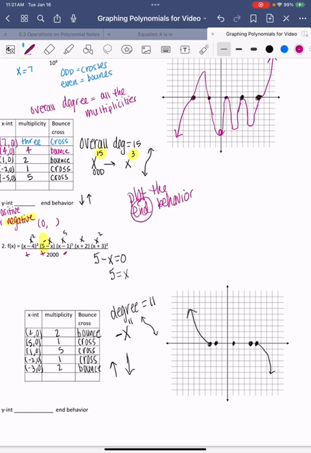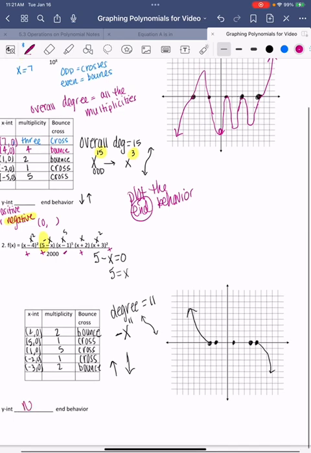X plus 2, when you plug in 0, you get a positive number. X plus 3 squared, when you plug in 0, you get a positive number. This is going to end up being a negative y-intercept. Don't know, don't care. Right there looks good. Doesn't matter where you put it, I just care really if it's positive or negative.